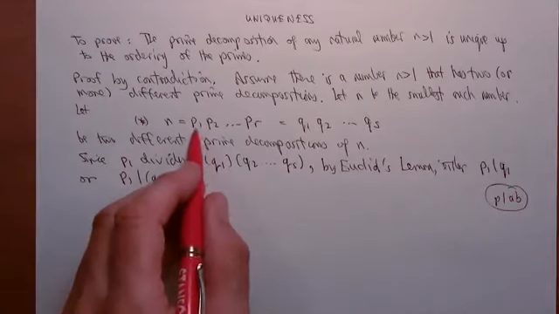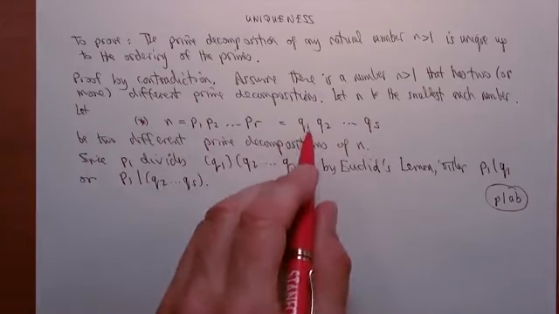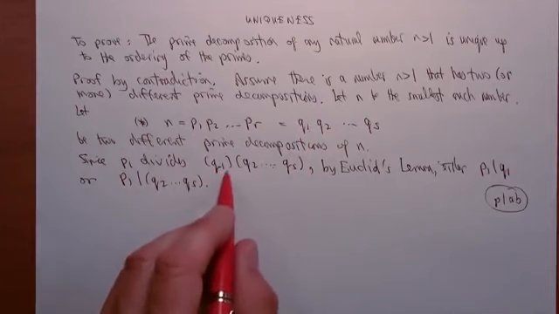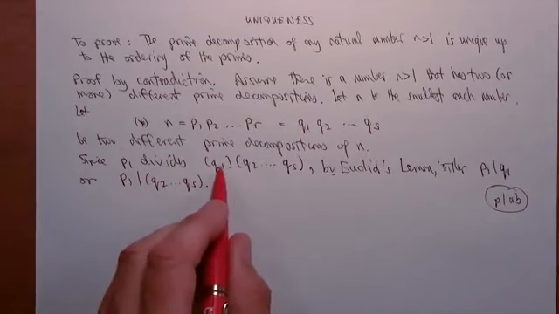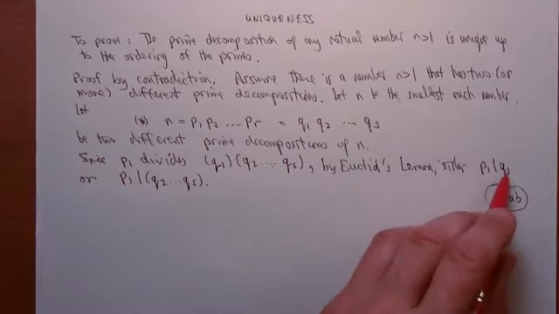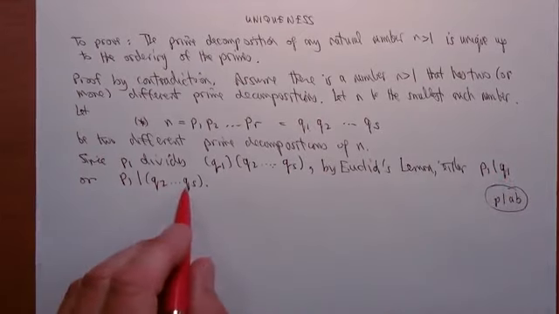So from here, p1 divides this product. I've now written that as a product of two numbers, and I can now apply Euclid's lemma and say that if p1 divides that times that number, it must divide at least one of them. Either p1 divides q1, or it divides the other part, or maybe both of them.